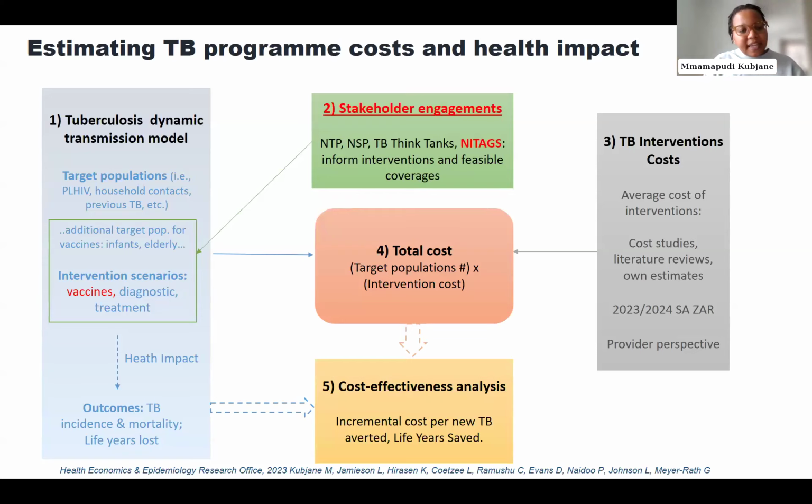And then we can calculate the cost effectiveness, which is essentially the relative cost of that additional intervention with the outcomes of interest. So it could be the cost per TB cases averted, or life years saved, or mortality averted.